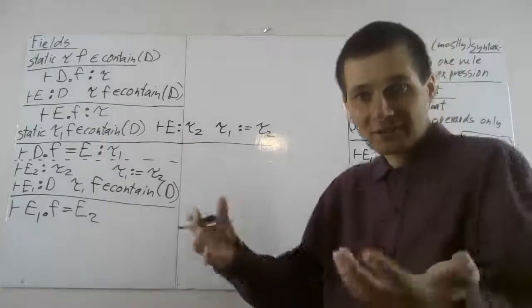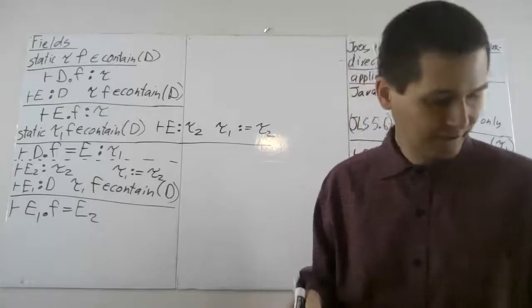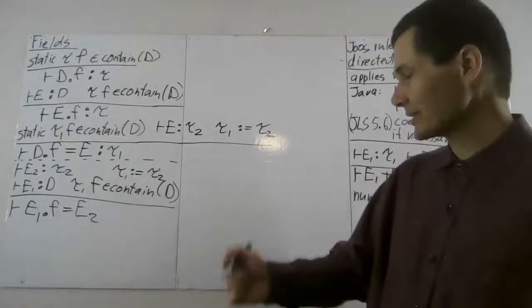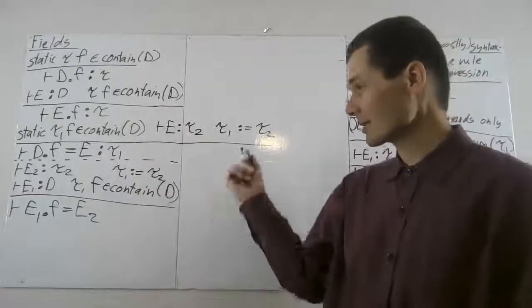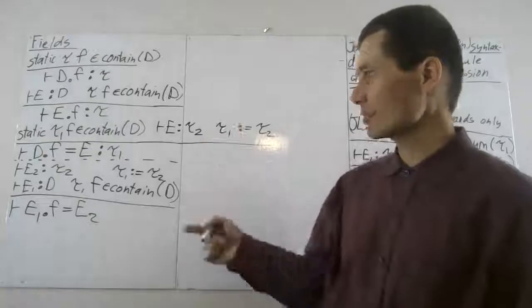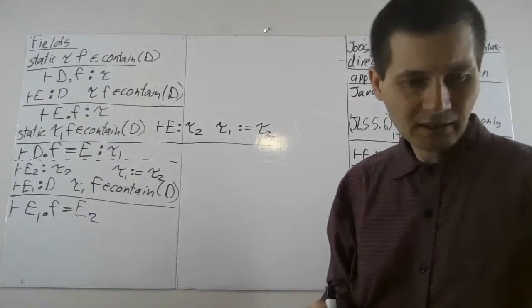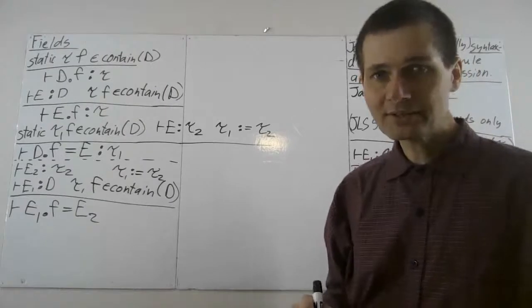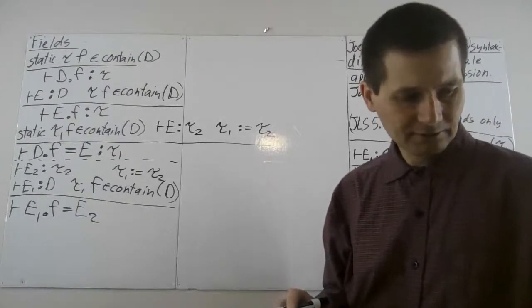And the premises tell you what you need to check in your compiler. So when you go to implement these, if you see a field read or write, whether static or instance field, this tells you what to check.